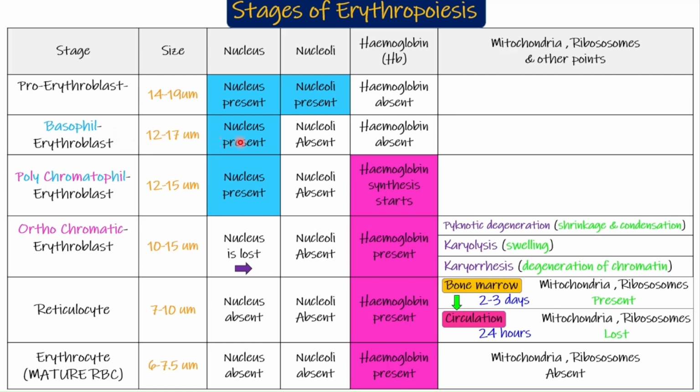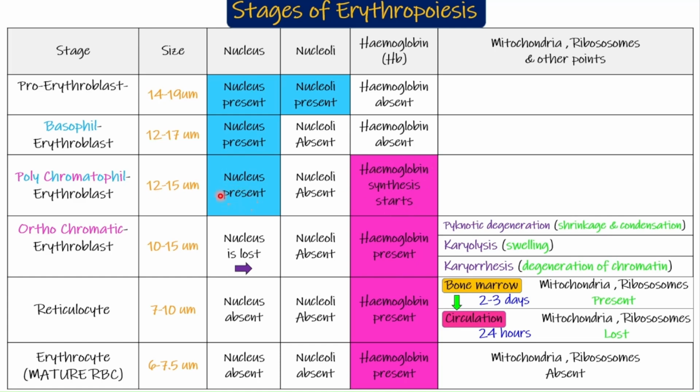But now as we move towards the next stage, the polychromatophil erythroblast, now the hemoglobin starts to appear. The nucleus hasn't disappeared yet, but the hemoglobin has appeared. Now this erythroblast has nucleus and also has the hemoglobin.